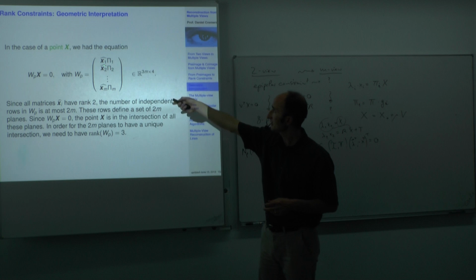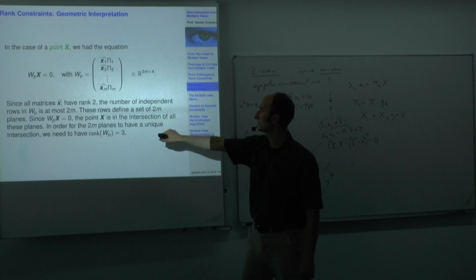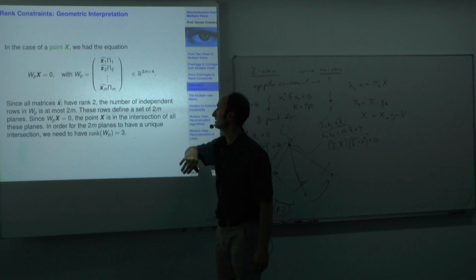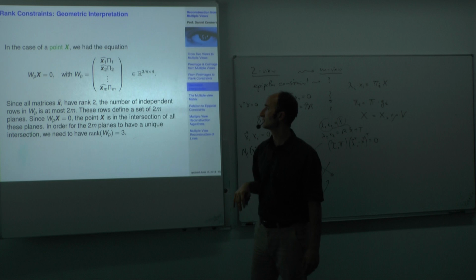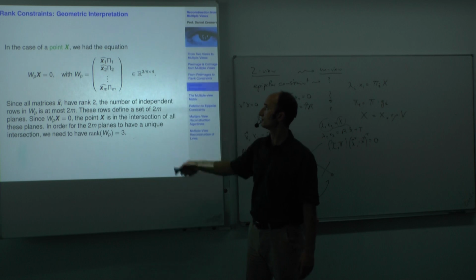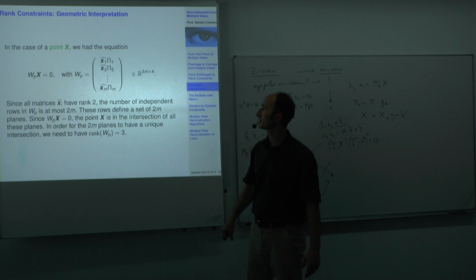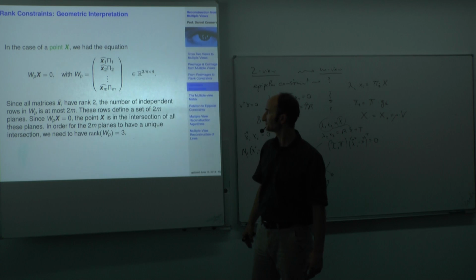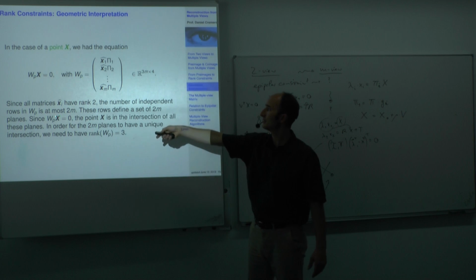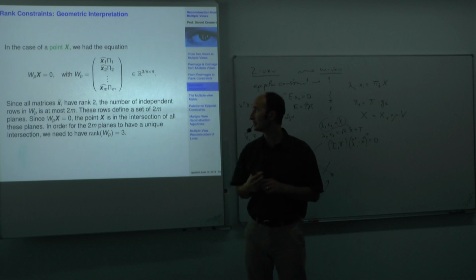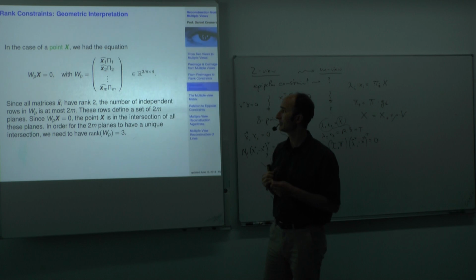And here basically we have a set of 2m planes that are defined by these. There are 2 linearly independent rows that each matrix contributes. So we have 2m planes, and WP times X equals 0 means that the point large X is in the intersection of these 2m planes.